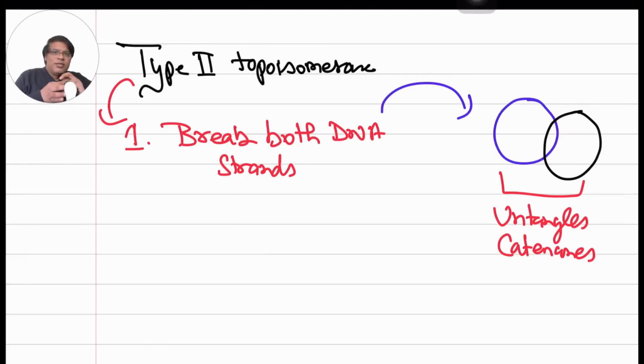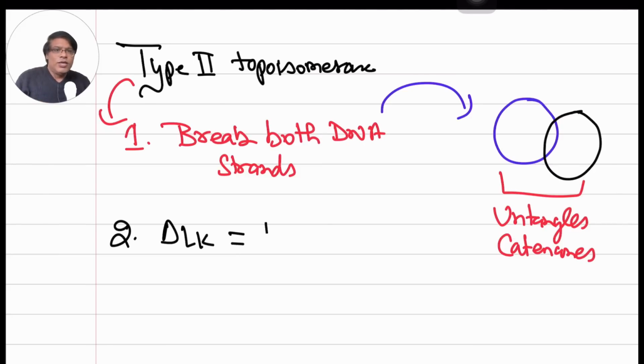These circles must be separated. Here, the type 2 topoisomerase will make a cut in both strands of DNA, and this way one DNA will come out, so both strands will separate. So keep in mind, type 2 topoisomerases break both strands of DNA.